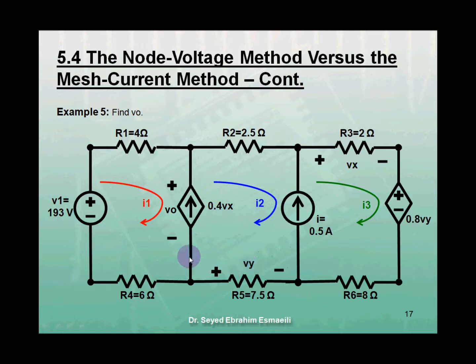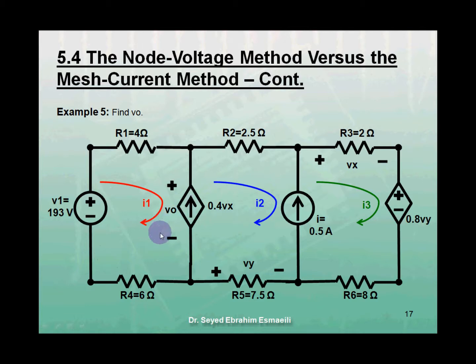Applying KVL on the super mesh, we get minus V1 plus R1 times I1 plus R2 times I2 plus R3 times I3 plus 0.8 Vy plus R6 I3 plus R5 I2 plus R4 I1 equals 0.